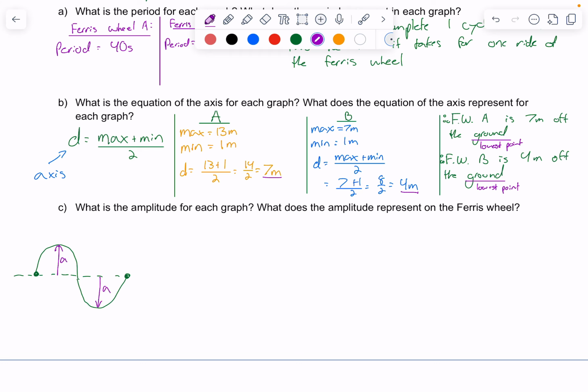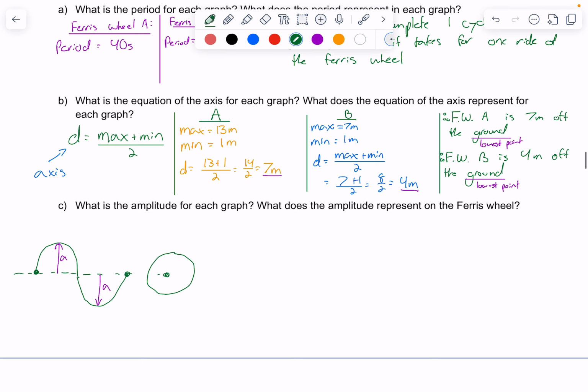Well, if we think about our Ferris wheel problem, we have some Ferris wheel where the axis represents the center of your Ferris wheel. And you have this max that corresponds right here, and you have this min right here. And let me draw it bigger, actually.